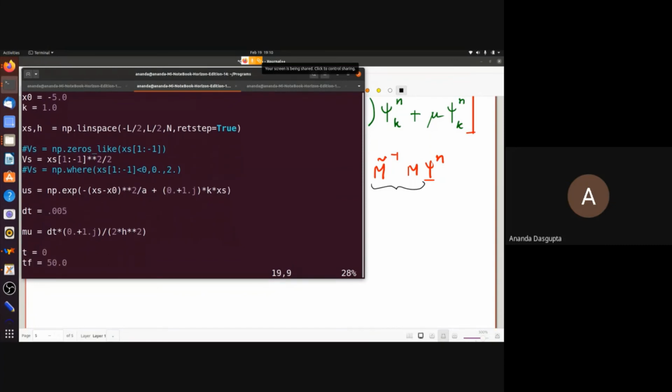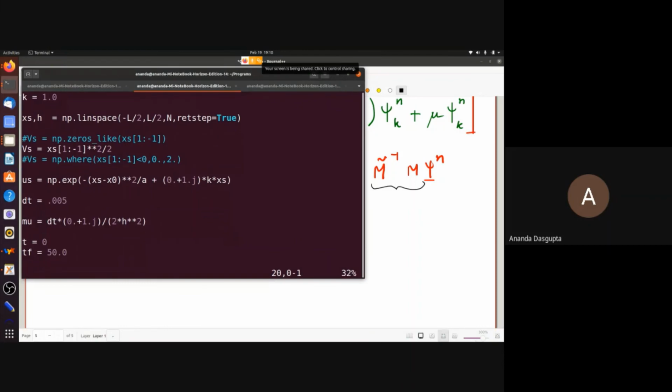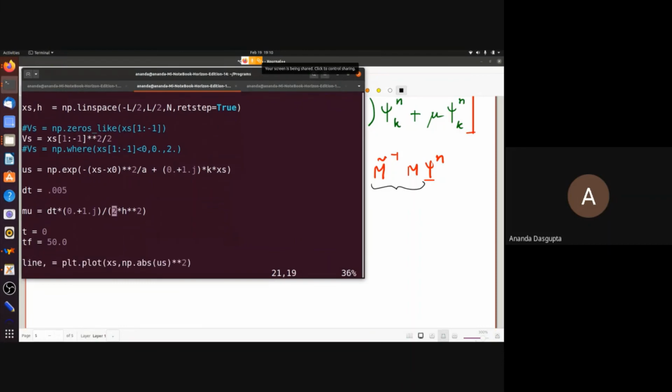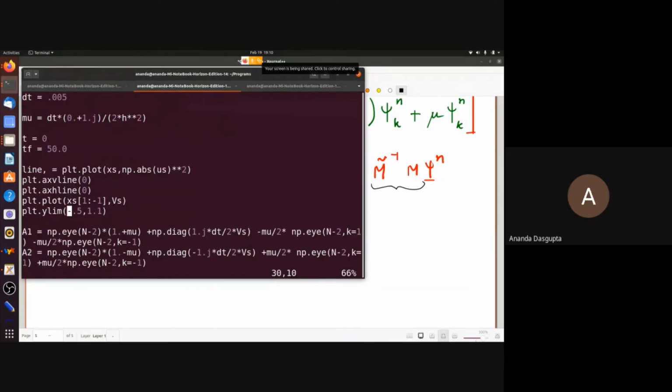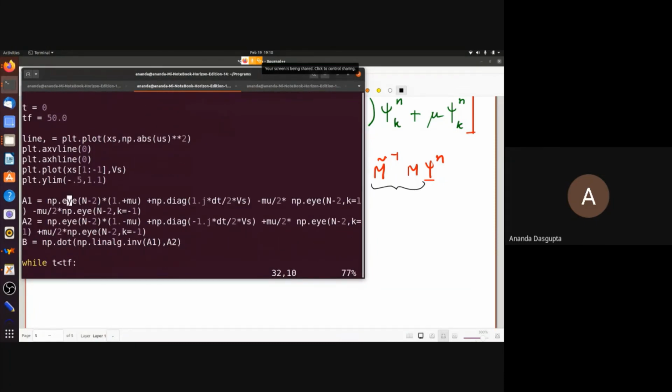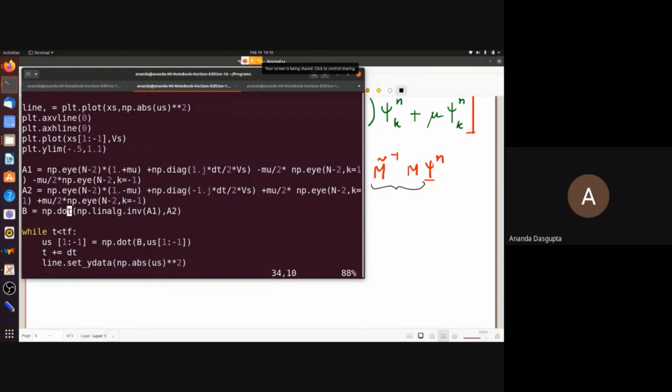I use a time step of 0.005. And now the mu is the same as always. I times dt by 2 delta x square. And what I've done, these lines are the same, but now I have two matrices, A1, A2, and B. A1 is my matrix M tilde, and remember you had 1 plus 2 mu in the M tilde for the implicit method.